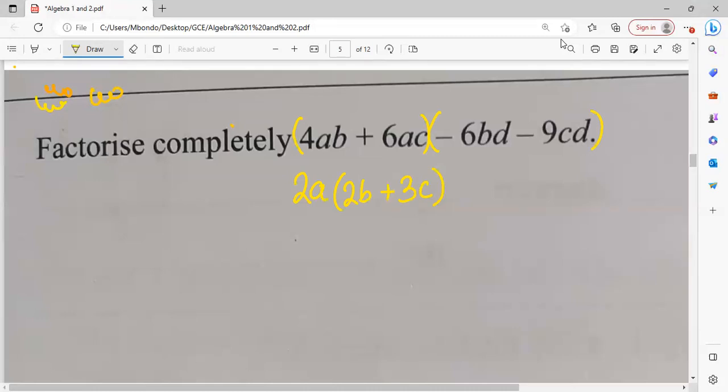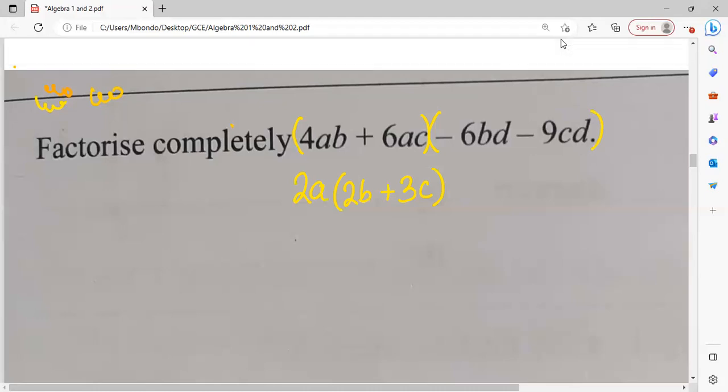Now, you ought to understand that when it comes to the grouping method, the factor that we have in the brackets here is the same thing that we should have when we factorize the other side. In other words, when we factorize the other side, we need to have 2b plus 3c.